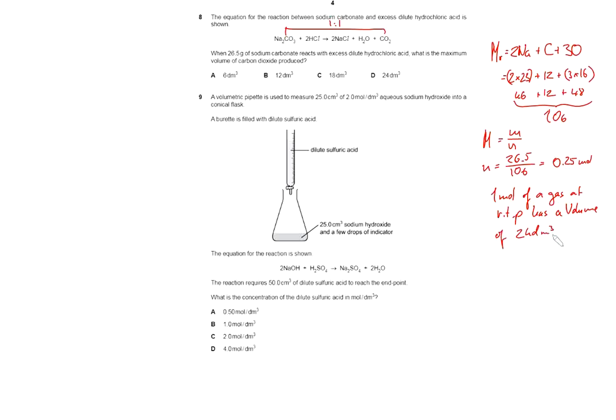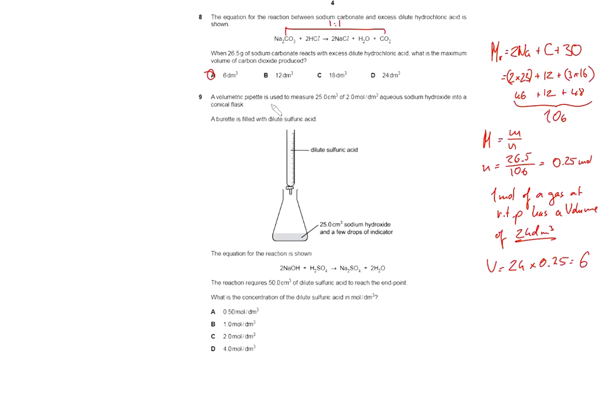That is a constant at room temperature and pressure. Every gas has a volume of 24 decimeter cube. So we don't have 1 mole, we have 0.25 moles. So to find the volume, we times 24 by 0.25, and that is going to be 6. So the correct answer is 6 decimeter cube.